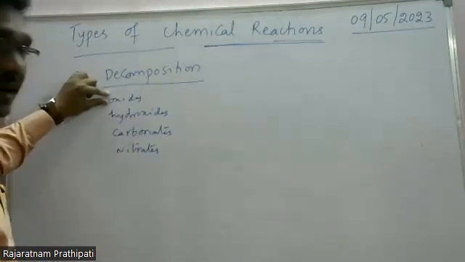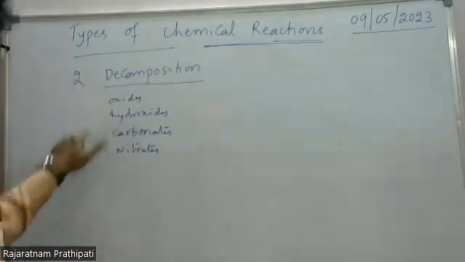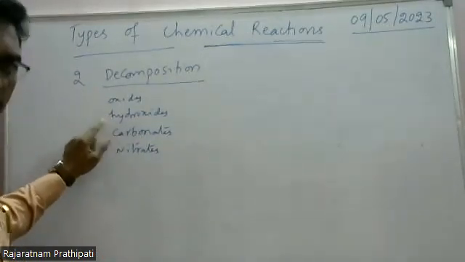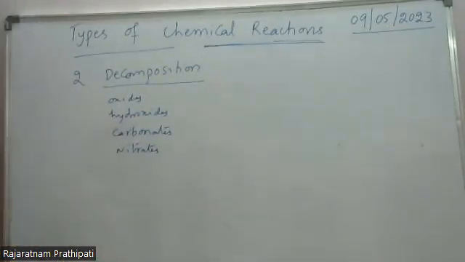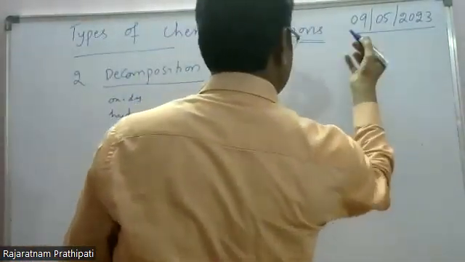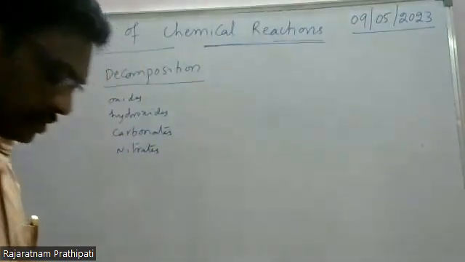Thermal decomposition of metal oxides. Now, these are all metal compounds: metal oxides, metal hydroxides, metal carbonates, and metal nitrates. Here, if you observe the metal activity series, this is very important.